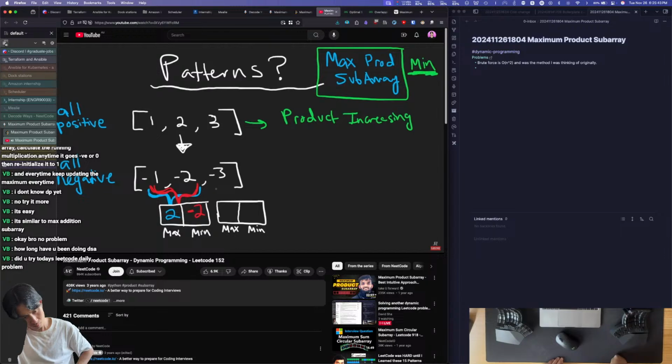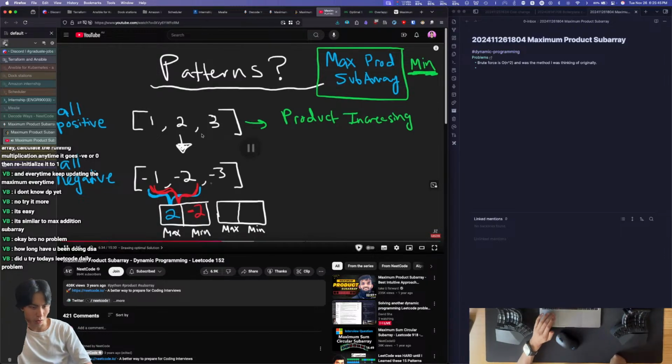So now when we want to compute the max... Hold on. So the maximum subarray of this subarray is 2. The minimum subarray of this subproblem is negative 2.